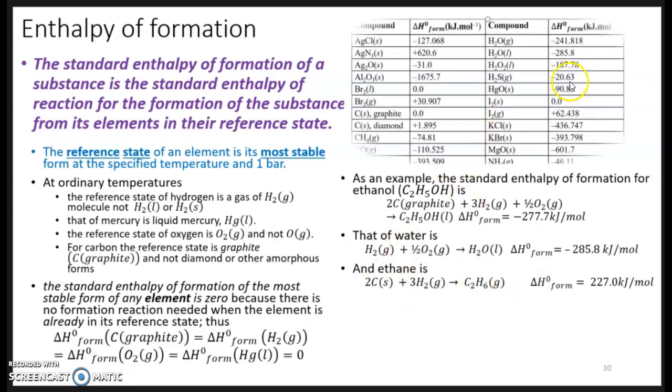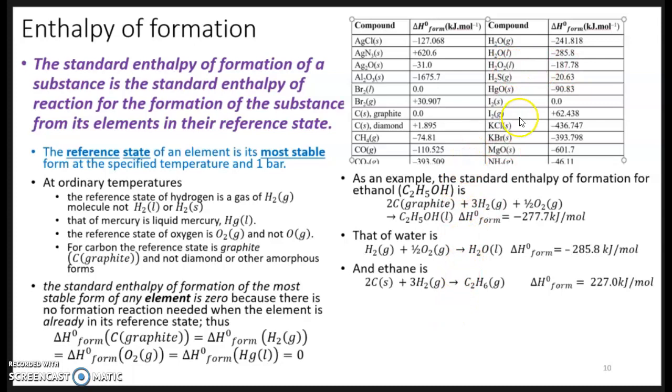There are so many of them that have been calculated and tabulated. Say C(s) graphite is 0.0, and for that of diamond, which is not its reference state, for carbon it is 1.85. So it's important to specify the states. So for water, that we just looked at, and then for peroxide.